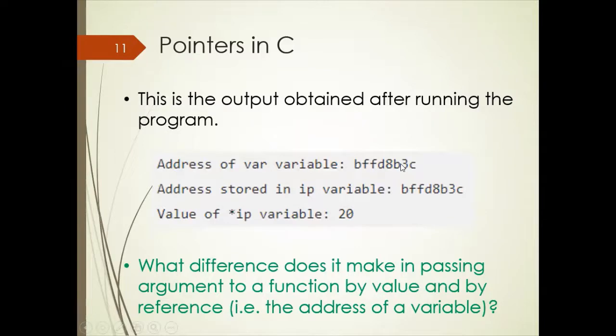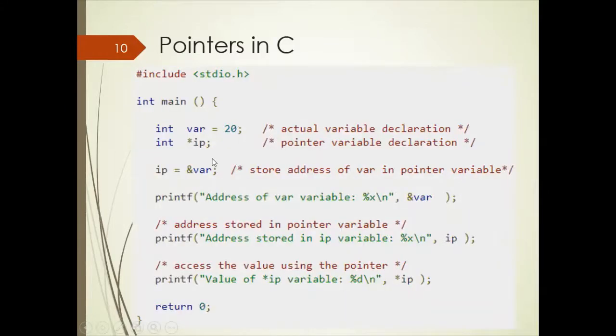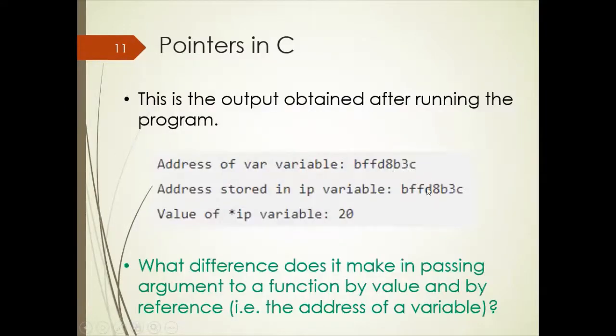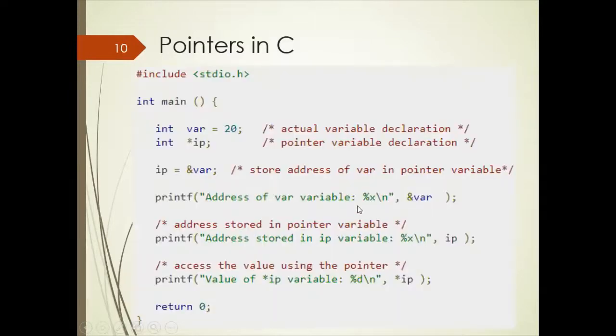But of course, if you do a program like this and run it on your computer, you will not get these values, and you will get some other memory location, but these two need to be the same. So in a way, this pointer IP is now able to store the address of var. This is what we've done here. Again, remember the function of a pointer is to store the address of another variable.